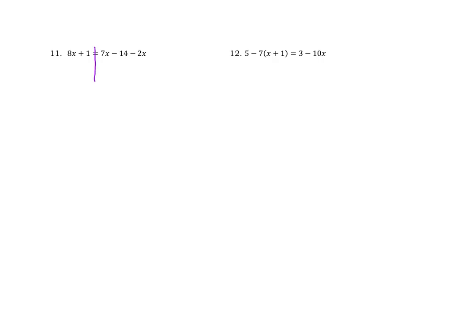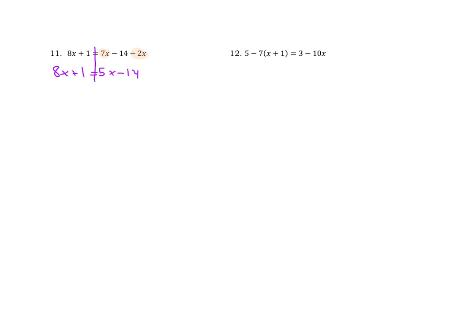Find my equal sign, and I see over on the right I've got terms to combine. So I'm going to combine my 7x and my negative 2x first, and that's going to give me 5x minus 14 on this side, and that equals 8x plus 1. Still have variables on both sides, so I'm going to see which way keeps it positive.